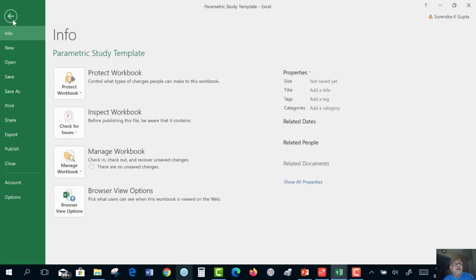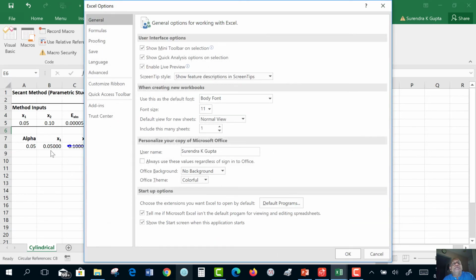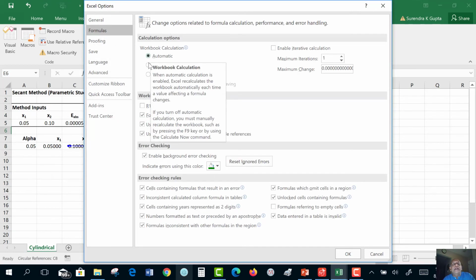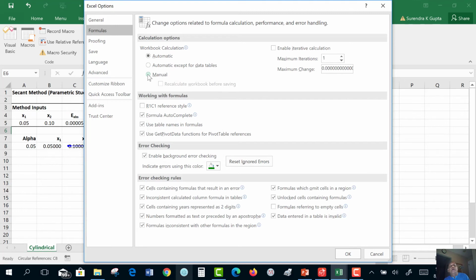So we go down our file menu, go in options, go in formulas, and we say right now by default, usually it is in automatic calculation mode. So we are going to put it in manual mode. We don't want anything to be recalculated when we save the worksheet.